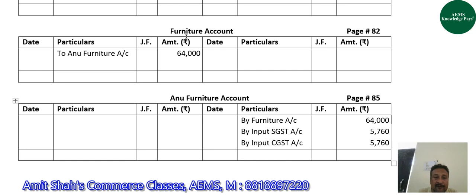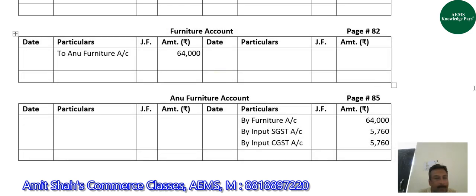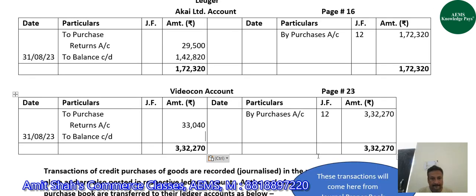Note this down, guys, everyone, fast. This much. So the credit balance in Videocon account is 2,99,230.